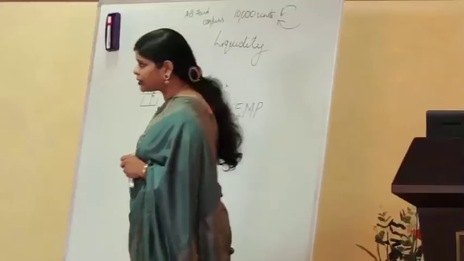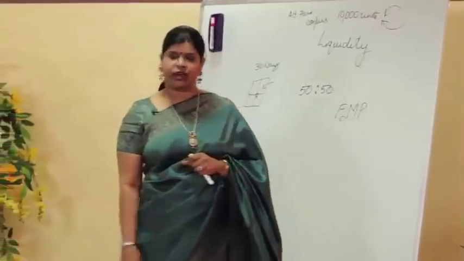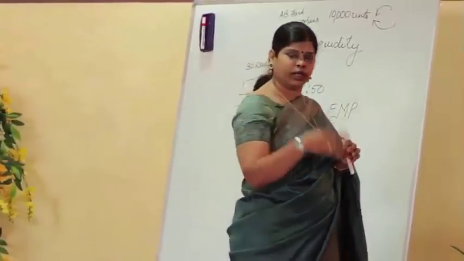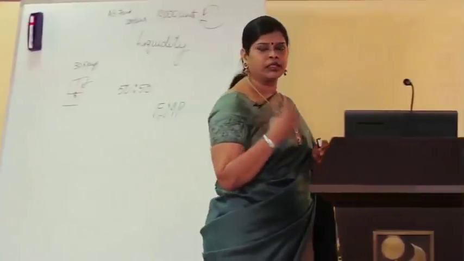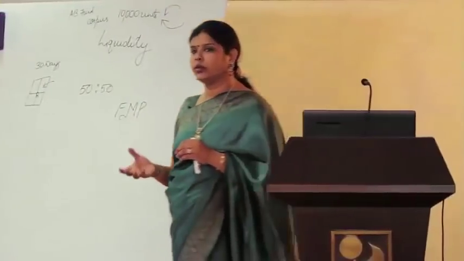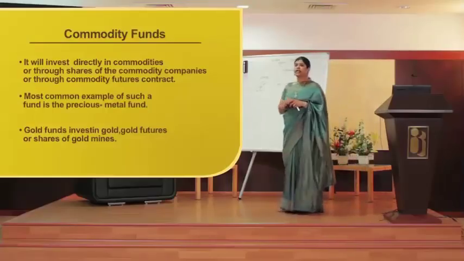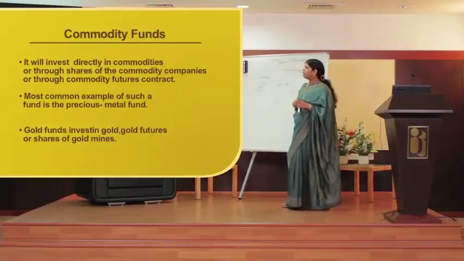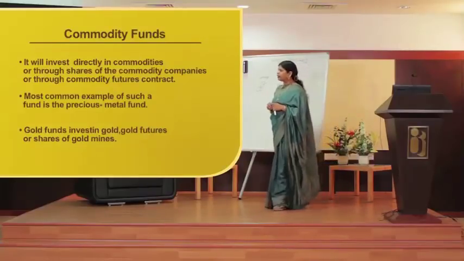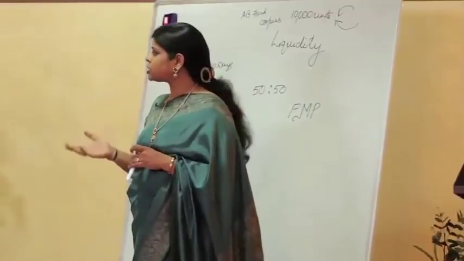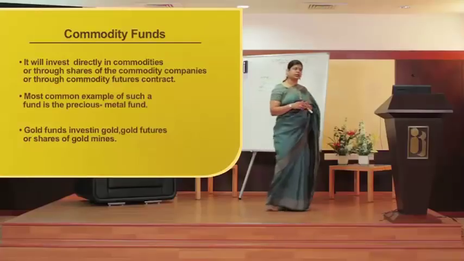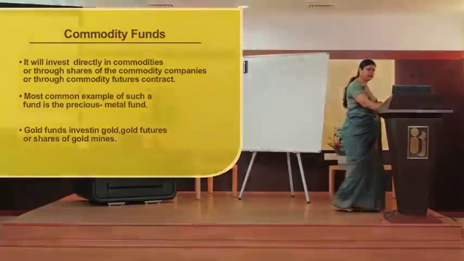The most common example of such funds is the precious metal fund. Any fund that invests in a precious metal, whether gold or silver, is categorized as a commodity fund. The gold fund invests in gold futures or shares of gold mines. So this is how a commodity fund works.